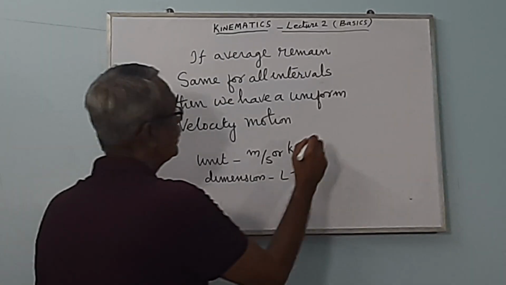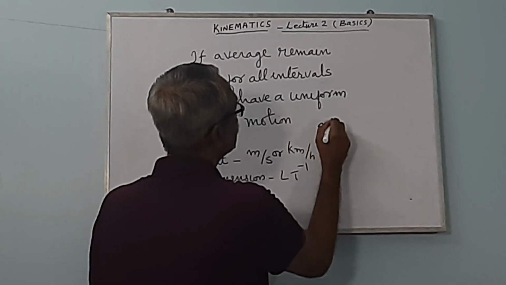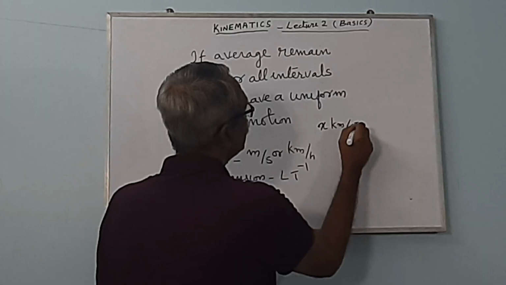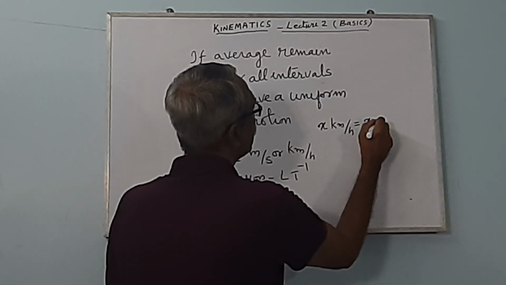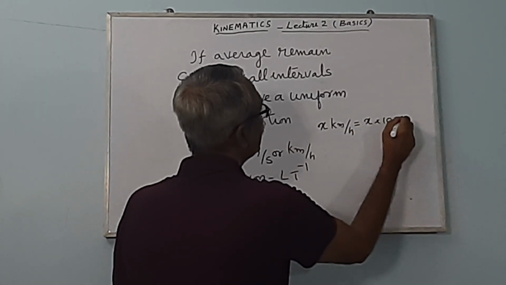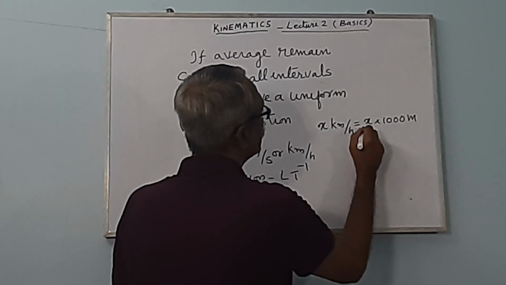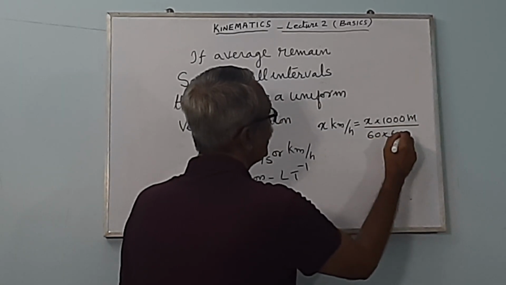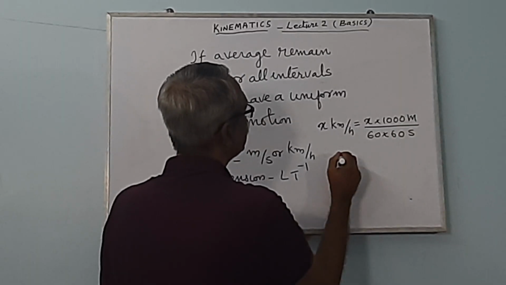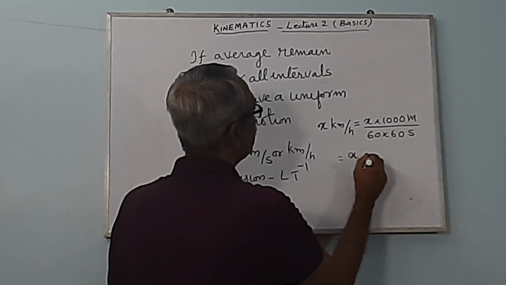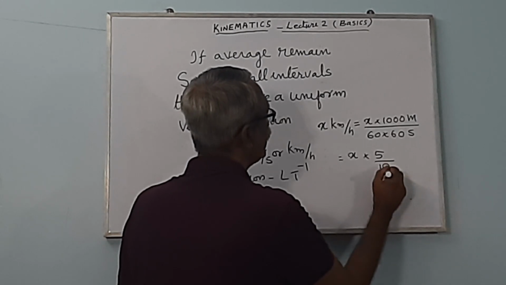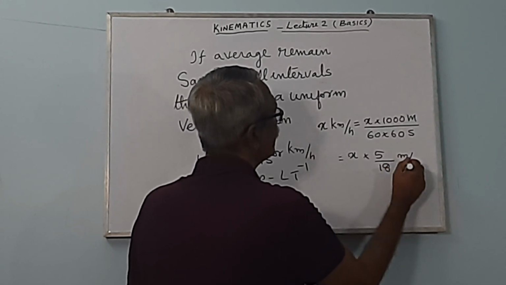We can see that x kilometer per hour is equal to x multiplied by 1000 meter divided by 60 multiplied by 60 second, that is equal to x multiplied by 5 divided by 18 meter per second.